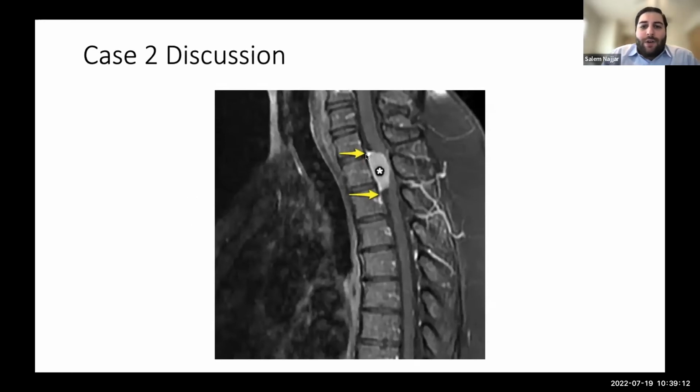And so you can see here further the dural base and tails, and this tumor is called a meningioma. Meningiomas are very common. Most of the time, they're very benign. There are different levels of WHO grade classification: grade 1, 2, and 3. Grade 1 is benign. Most meningiomas are benign.